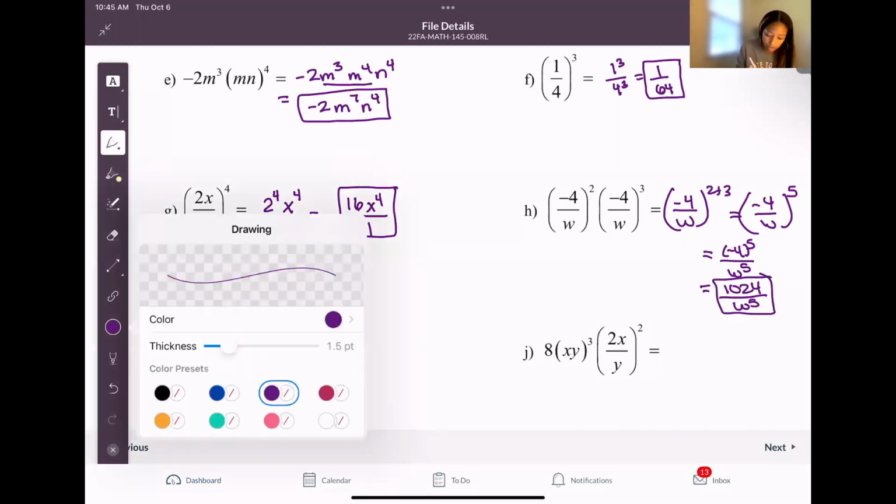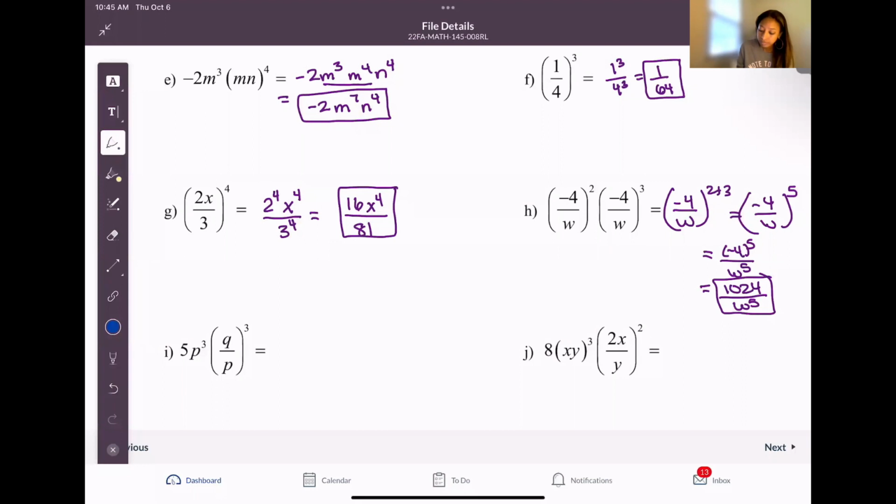This is one way that we can solve this problem, or working a little bit backwards here. If you wanted to just apply the exponents of the bases first, you would have -4 squared over w squared times -4 cubed over w cubed, which would give us 16 over w squared times 64 over w cubed. 16 times 64 is 1,024, and w squared times w cubed is w to the 5th.